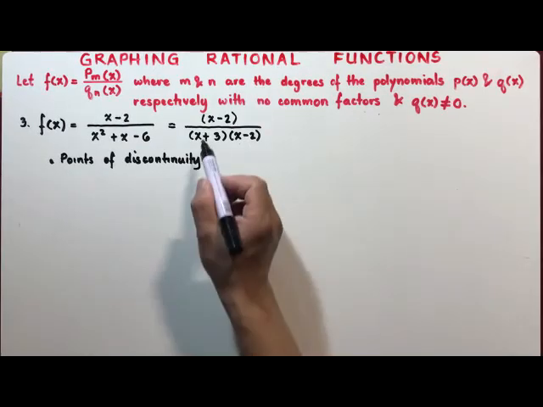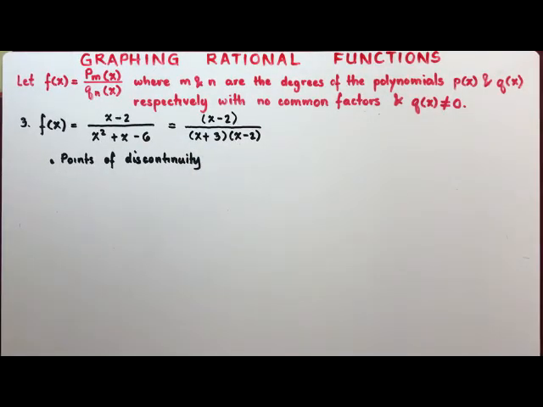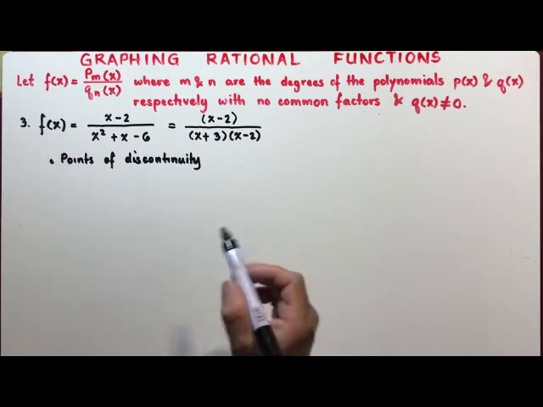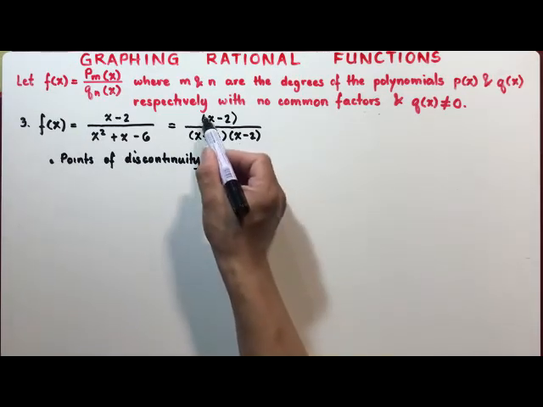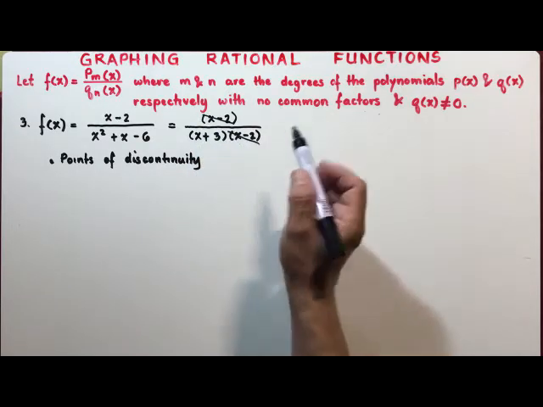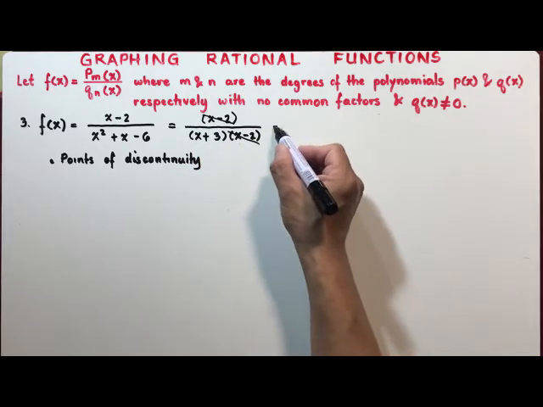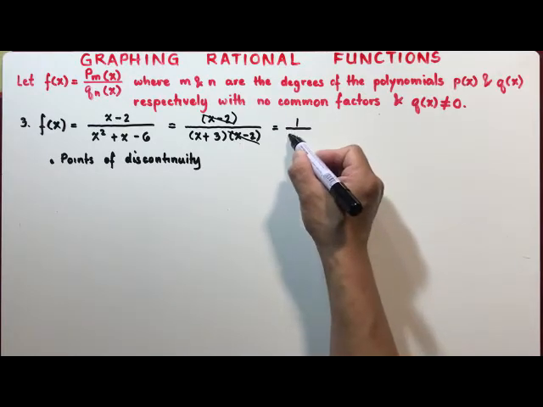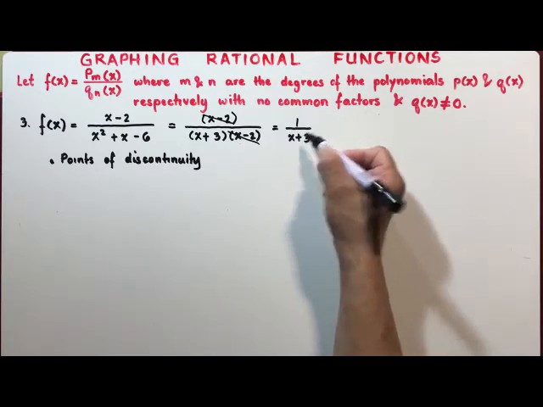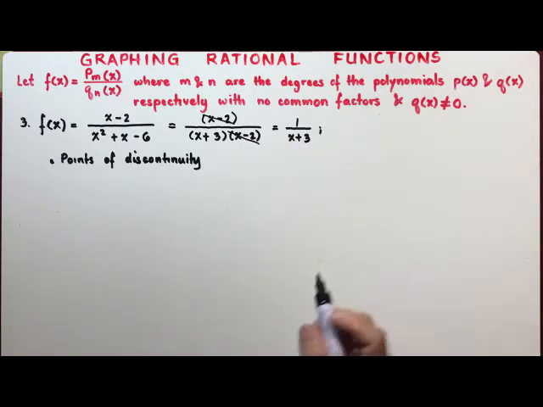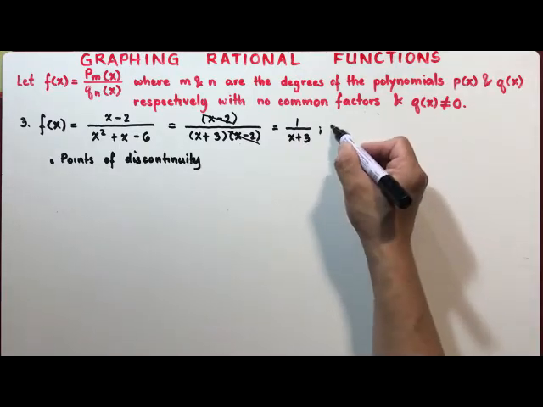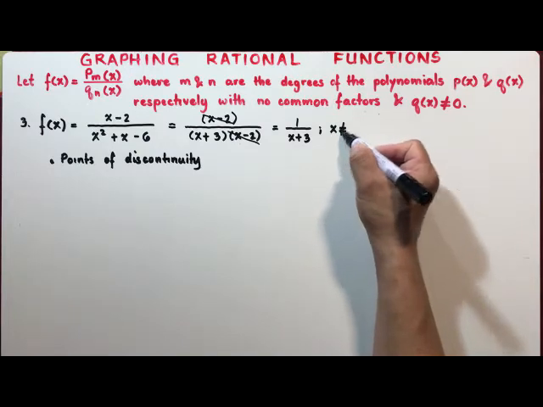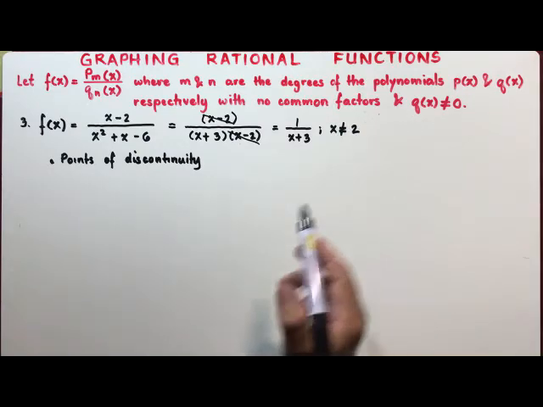You notice that there are some factors common to both the numerator and the denominator. So this can be canceled, and we say that the function can be simplified as 1 over (x plus 3). But take note that you must add a condition here, that x must not be equal to 2, because that is the factor we canceled.